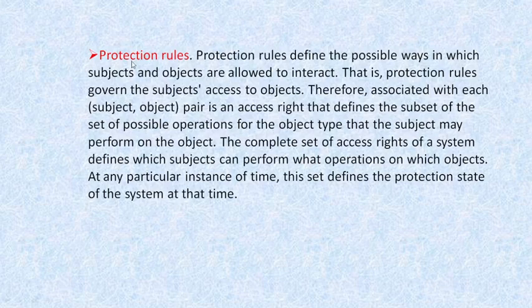In these protection rules, the subject is user A and the object is file F1. That combination we maintain as a subset of all the possible operations which can be performed on this file F1.